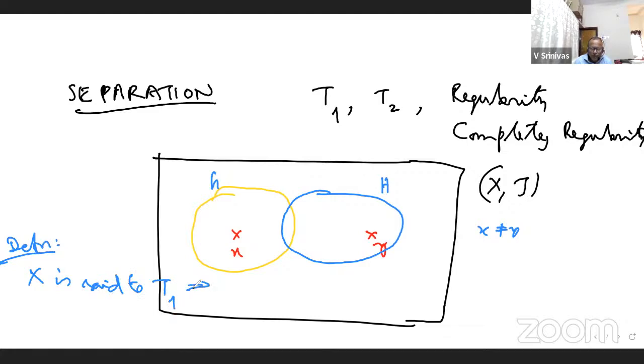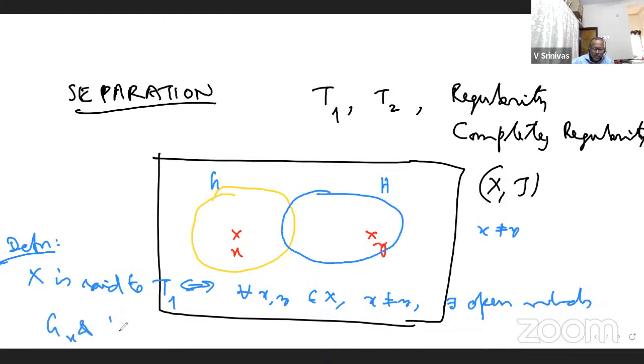T1 if and only if for every x, y belonging to capital X and distinct, there exist open neighborhoods Gx and Hy such that x belongs to G minus H, or you can as well delete this x and y, just to be clear.